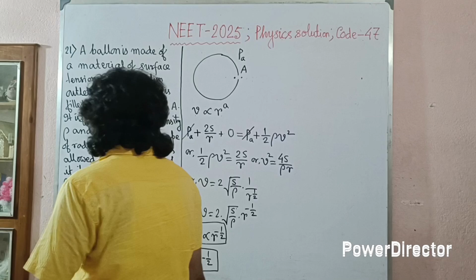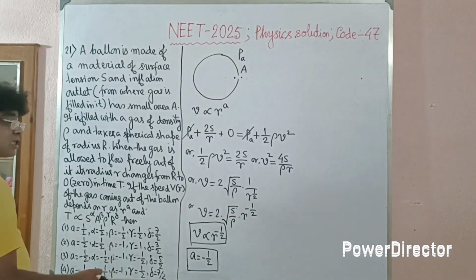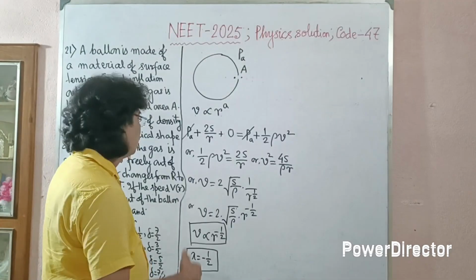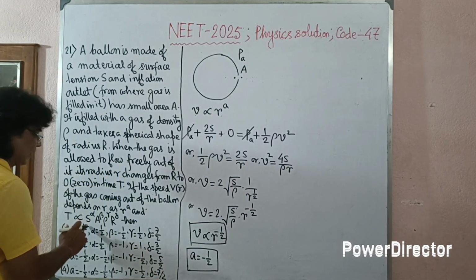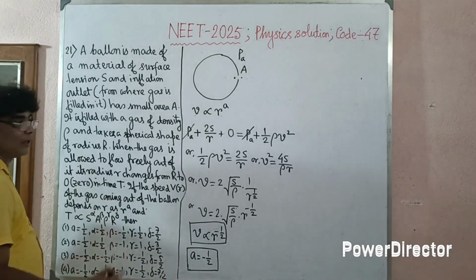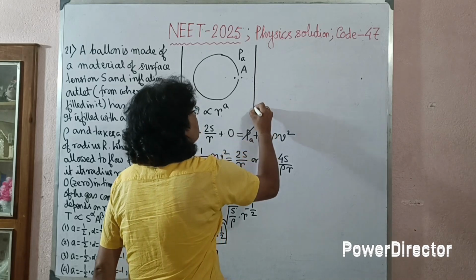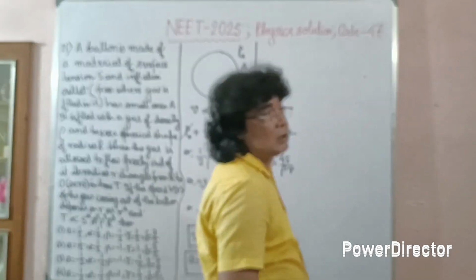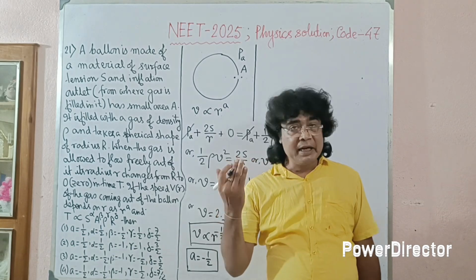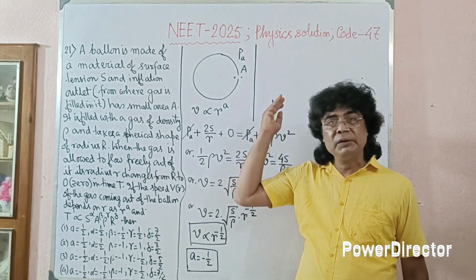Now we have to find a relation of capital T on S, capital A, rho and capital R. The gas is coming out through the hole.